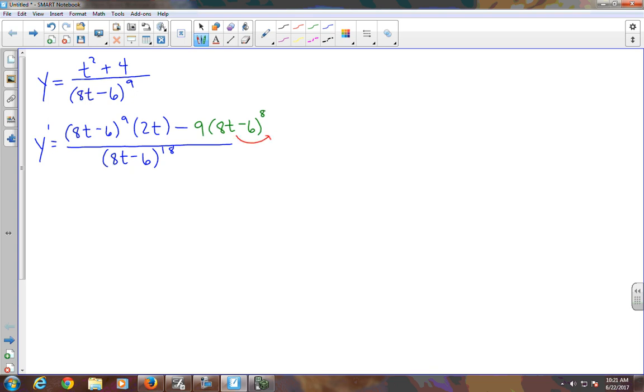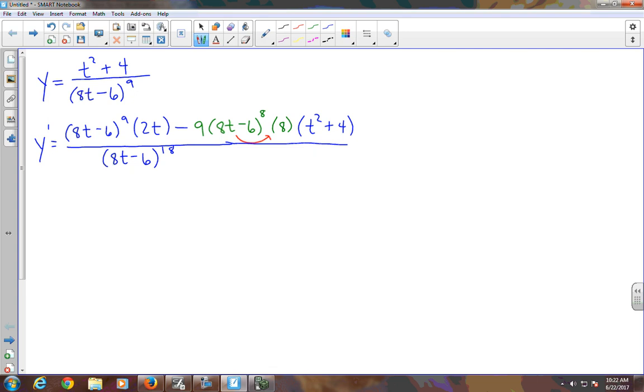Then, according to the chain rule, I'm going to multiply by the derivative of that base. Now, don't forget, we're following the pattern same times derivative plus or minus derivative times same. So I still need to put my numerator in its original form out here. Okay? Check calculus off your list. We are done with the calculus part.